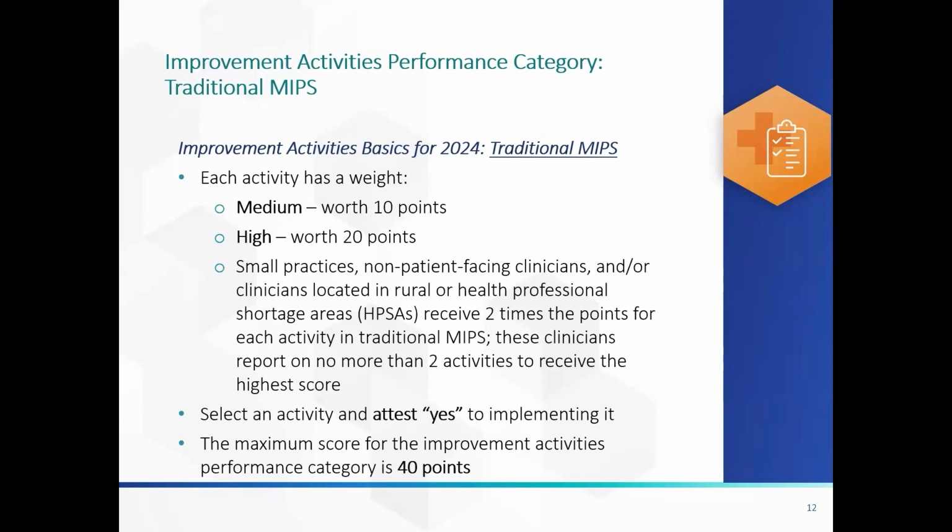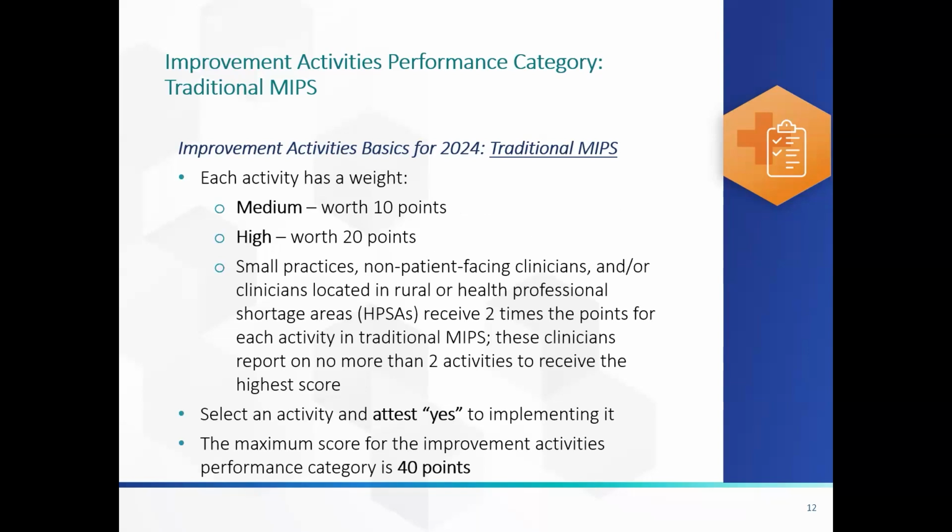The inventory is divided into 2 types of improvement activities with 2 different types of weighting, either medium weighted, which would be worth 10 points, and high weighted, which would be worth 20 points.